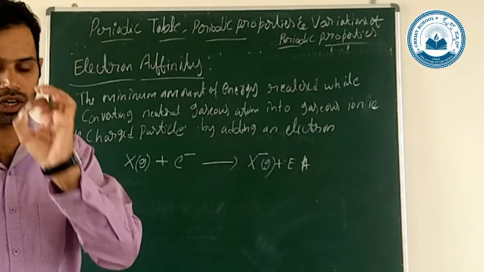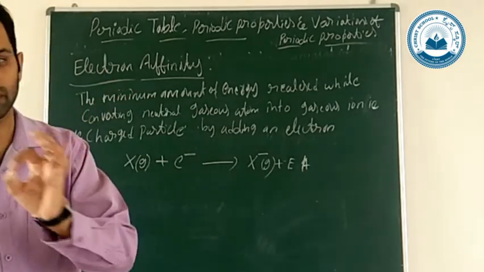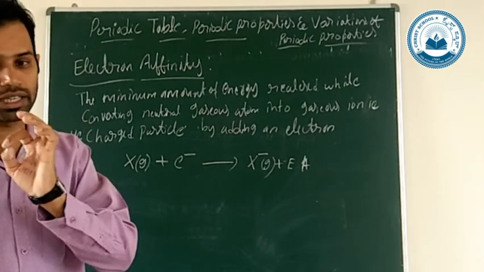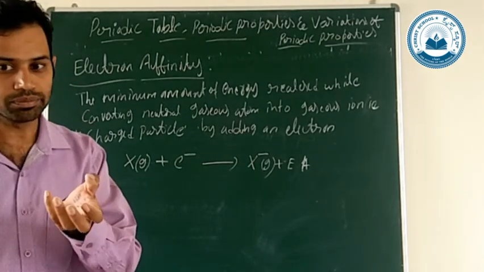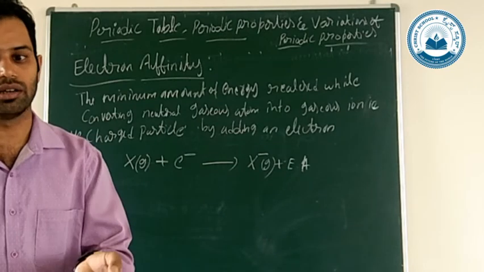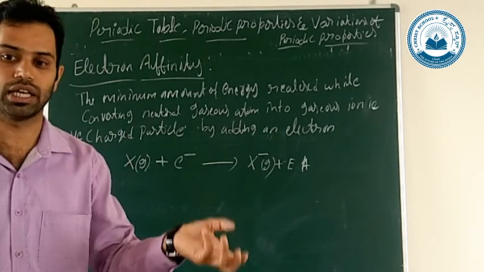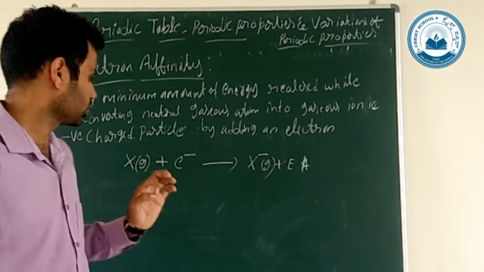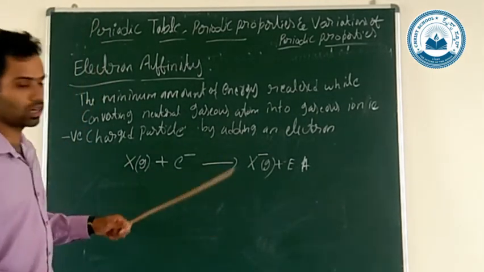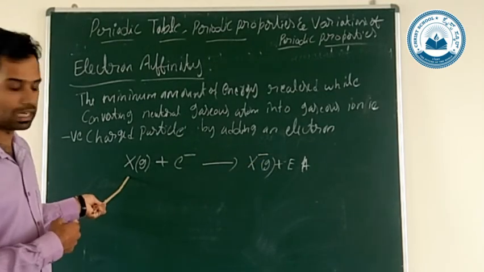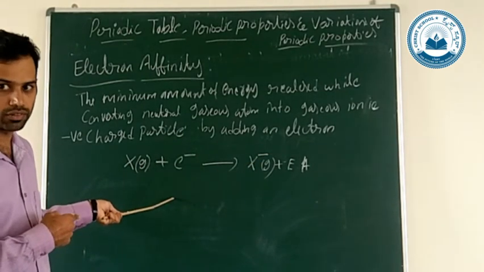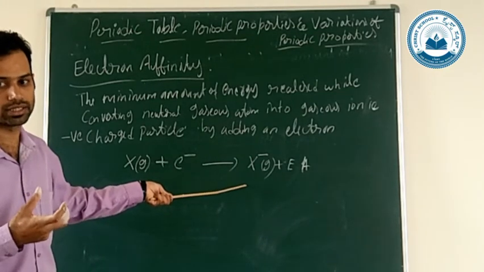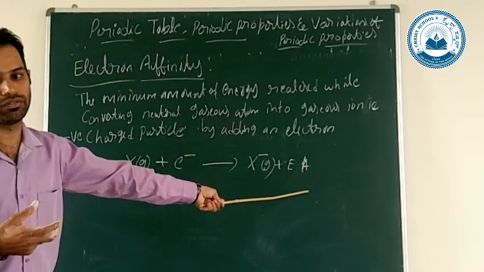So electron affinity is nothing but the minimum amount of energy released by converting a gaseous atom into a gaseous ion by adding the electron to the outermost shell. This is the general representation of the electron affinity. X may be any element; we add the electron, gain negative charge, X minus plus electron affinity.